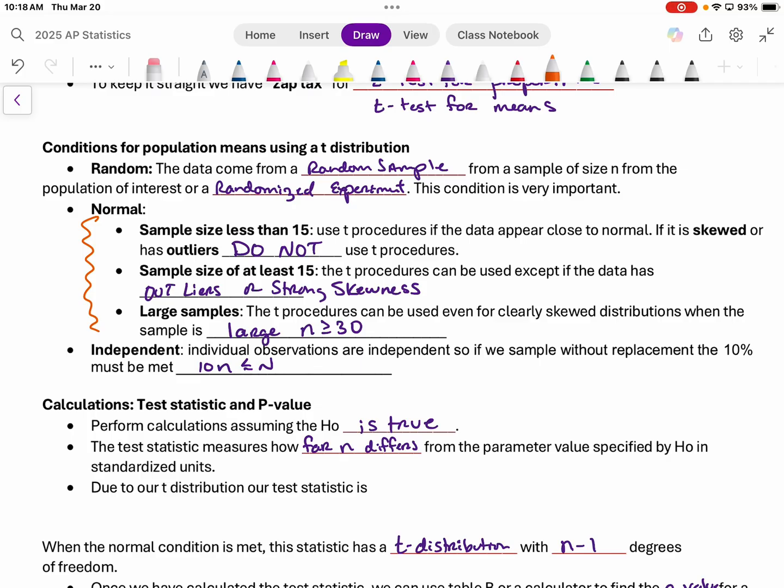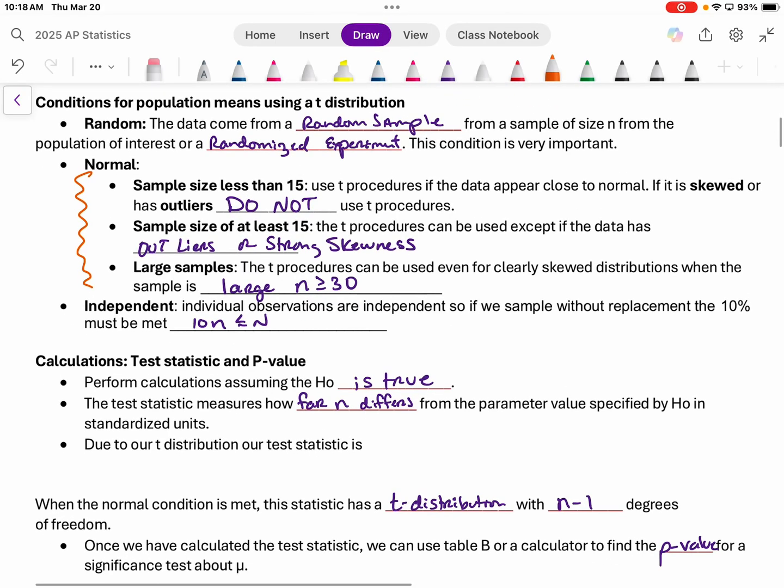When we have large samples, sizes 30 and bigger, t procedures can be used even for clearly skewed distributions. So we don't care what the population looks like, skewed or normal, when you have a sample size of 30 or bigger, since it will be approximately normal in general. We still have our same independence condition: 10 times little n, is it less than or equal to the population size?